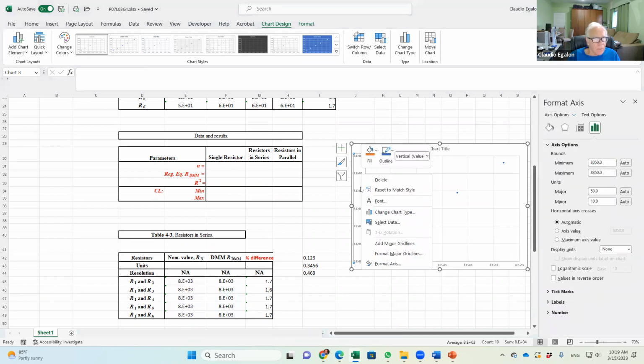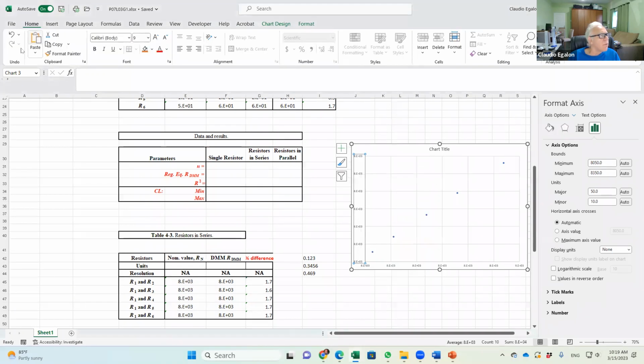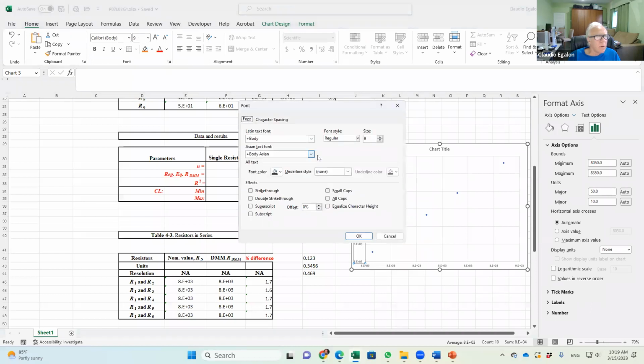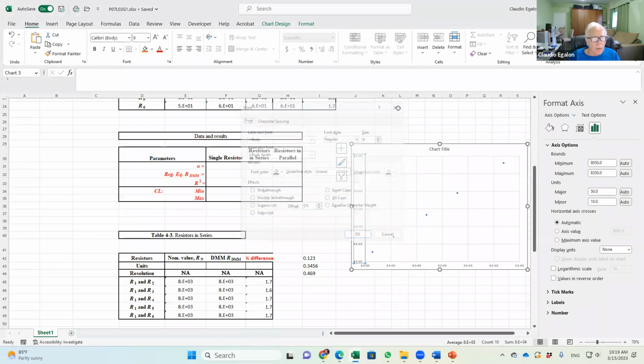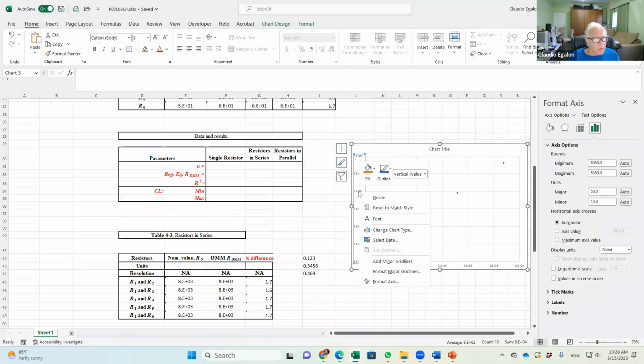Let's see. Font. I want a larger font here because it's so small. Format. Let's see. Font. Is it the one?